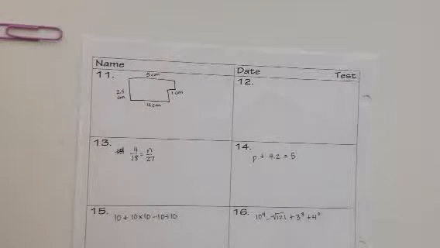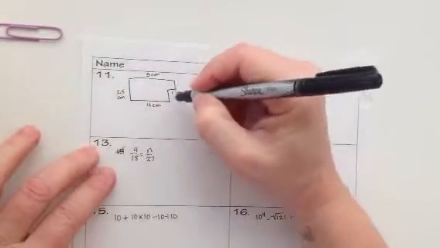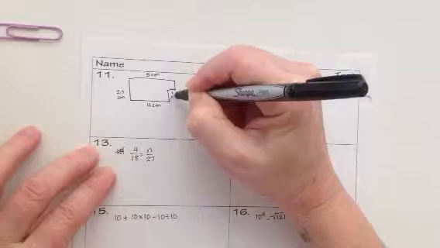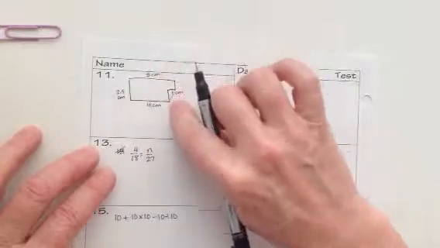Alright, let's try the second half of the test. So problem 11 shows you this figure and gives you the dimensions, and it wants to know the perimeter of this figure. Well, I want you to imagine that this is a simple piece of paper and it has one corner folded over. We're going to unfold that corner to figure out the perimeter.